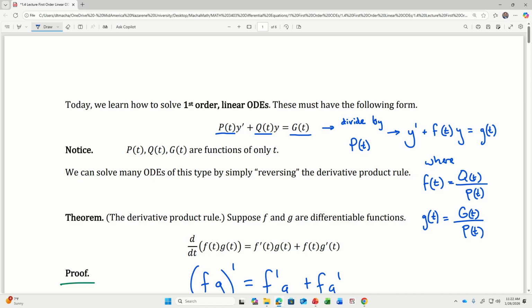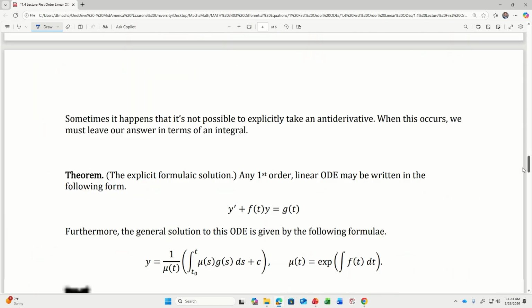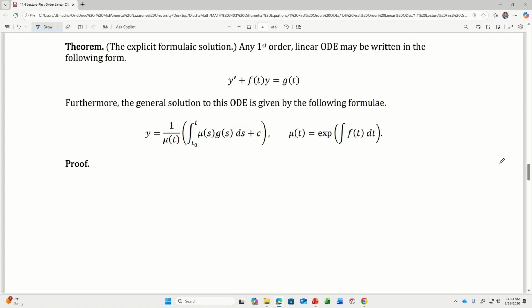So anytime I have a first order linear ODE, I could always just divide by whatever is multiplying my y prime in order to have just y prime by itself. Something I could choose to do if I just want to rearrange the ODE. So whenever you see this, as it appears in my notes right here, that's what I mean. Any first order linear ODE may be written like this, if I just divide by whatever is multiplying y prime.